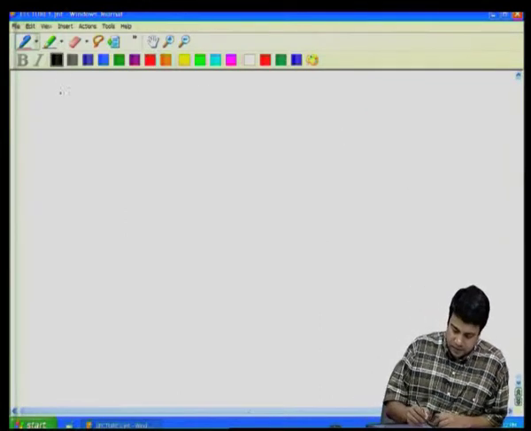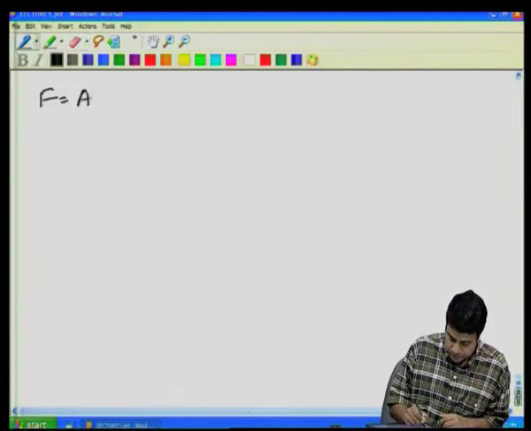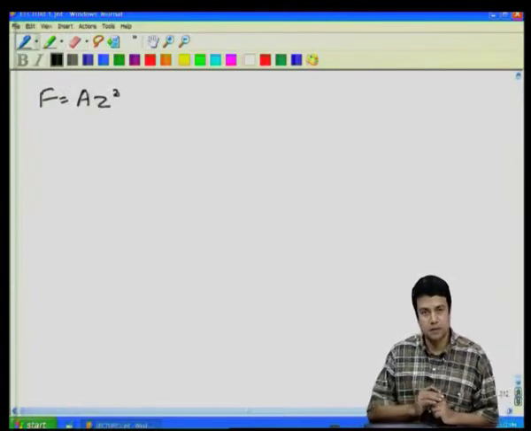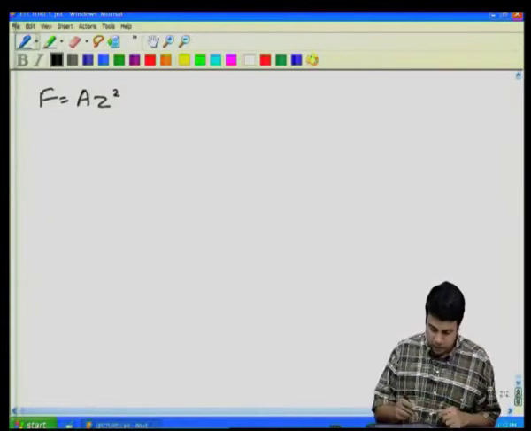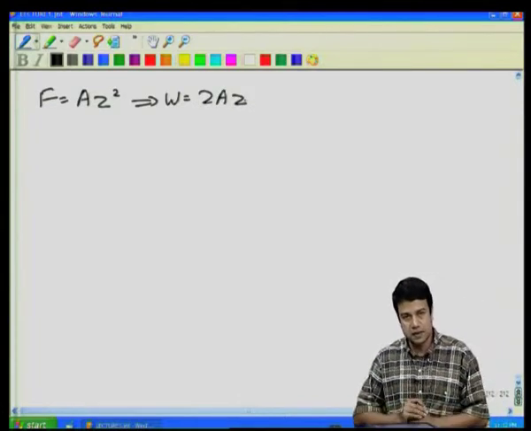The next more complicated form, f, let us call it a z squared, which implies that w is equal to 2a z, df by dz.